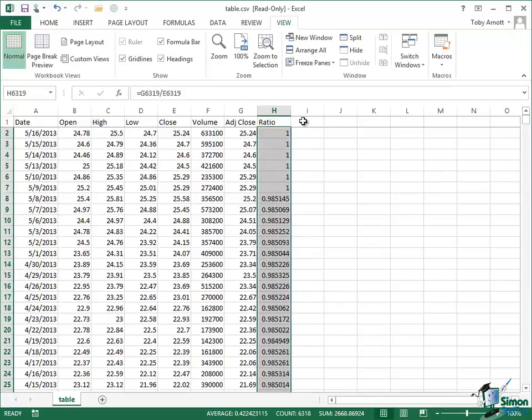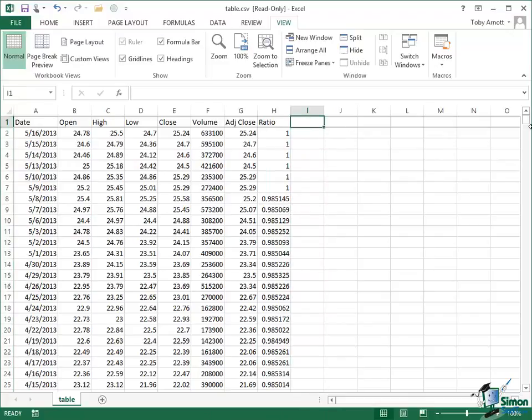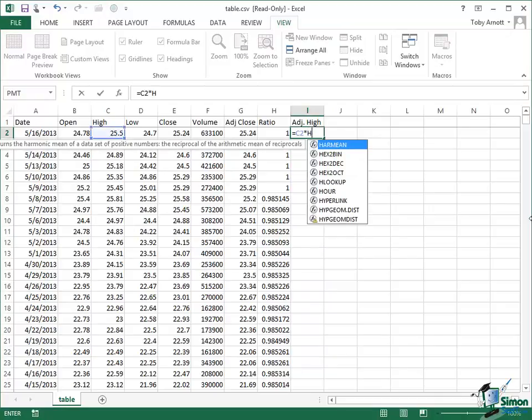Now I'm going to produce a column with adjusted high. In this case that will be equal to the high, which is C2, times the ratio, which is H2.